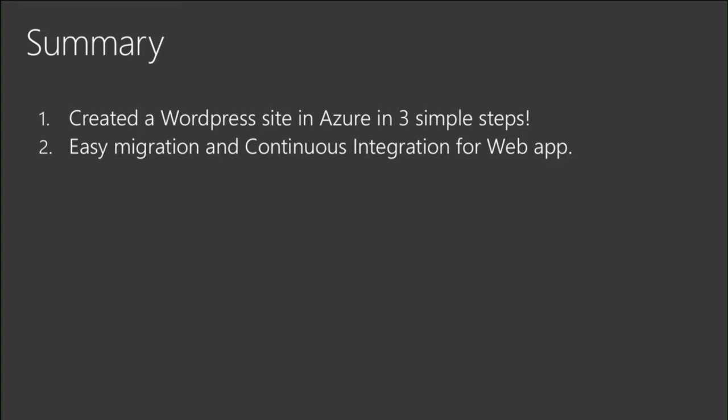We also migrated an existing shopping cart application from on-prem to Azure. And then last but not least, we showed how easy it is to continuously integrate your code into the new web app you have set up in Azure via the integration between GitHub and web app. And we've done all that in less than 30 minutes or so.